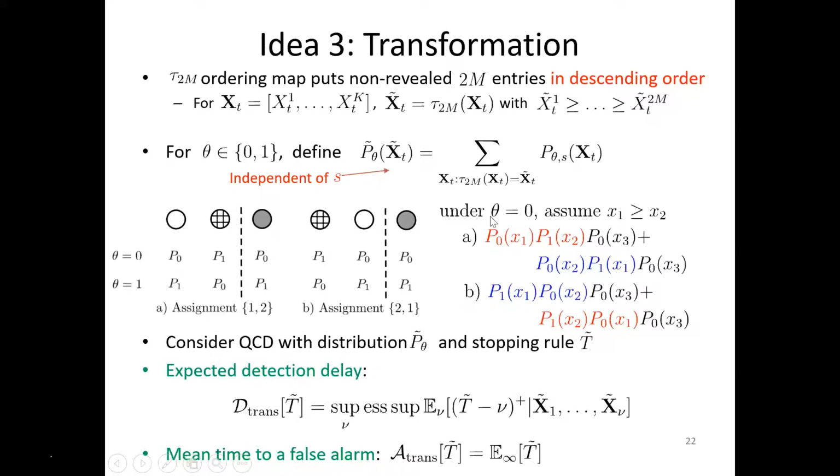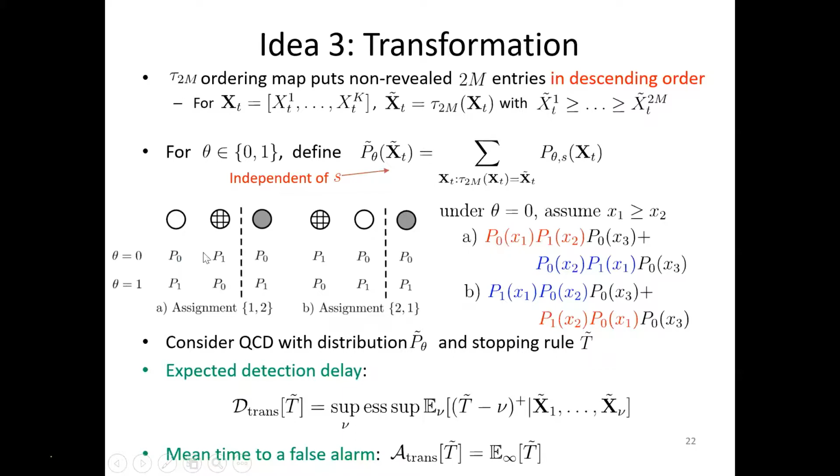Because you can see that, let's use this example to see that. For the first part, let's say S is (1, 2). That means we think the first one is honest and the second one is compromised. Under theta equal to 0, we have to sum over all the permutations of x1 and x2. That corresponds to p0 x1 times p1 x2 times p0 x3, plus p0 x2 times p1 x1 times p0 x3, because here we have to sum over all the permutations for the first two entries.